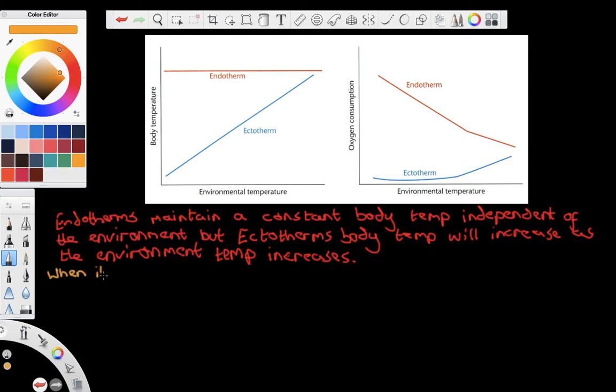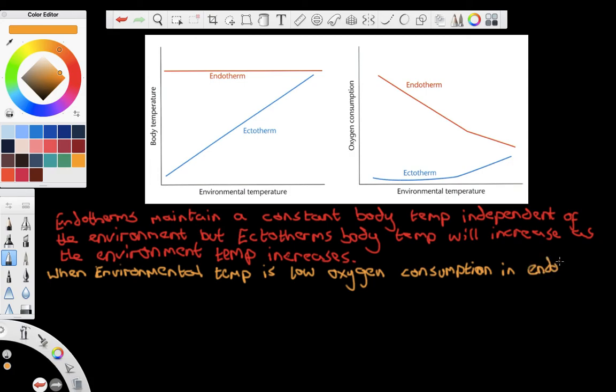When environmental temperature is low, oxygen consumption in endotherms is high due to increased respiration to generate heat.